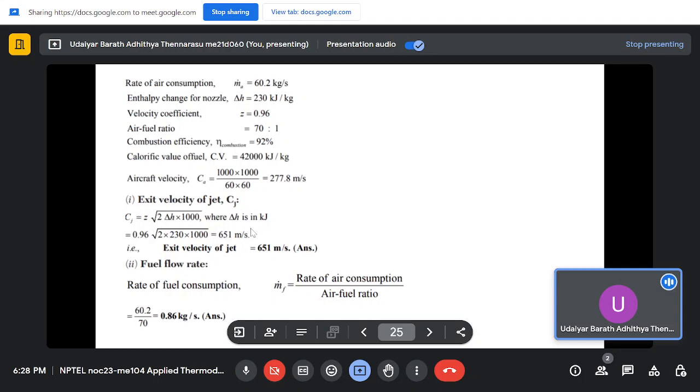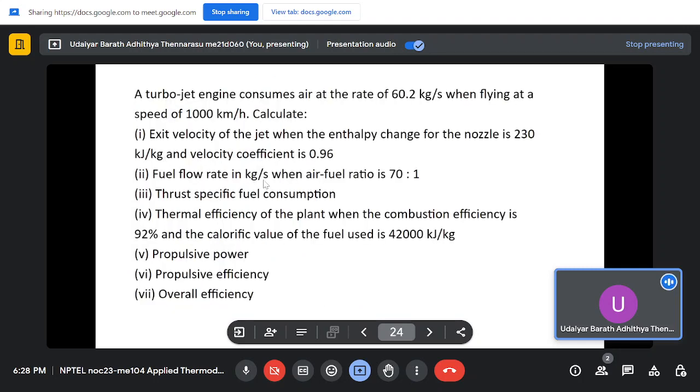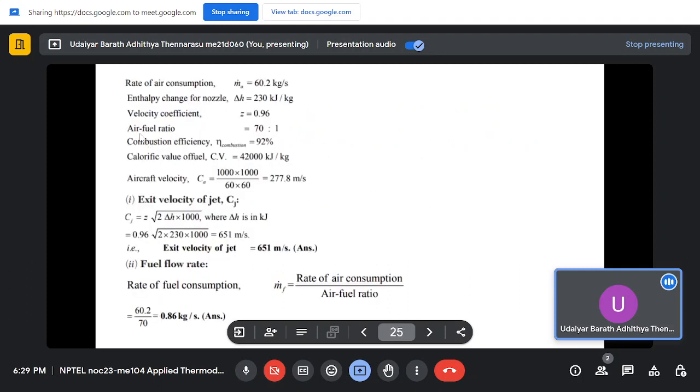So now we have found out the velocity of jet. So the next is to find out the fuel flow rate in kg per second when air fuel ratio is 70:1. So we know air fuel ratio, and we also know the rate of air consumption, so we can straight away find out the fuel consumption. So fuel consumption is nothing but rate of air consumption divided by air fuel ratio.